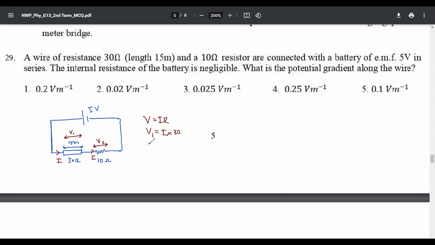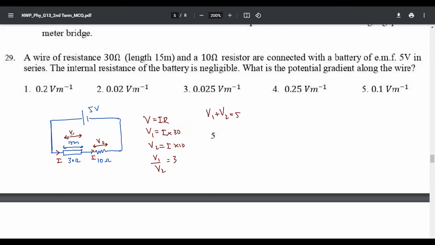And here V2 is equal to the same current, because they are in series, into 10. Therefore, V1 over V2 is equal to 3. And at the same time, when you add V1 and V2, that is equal to 5.